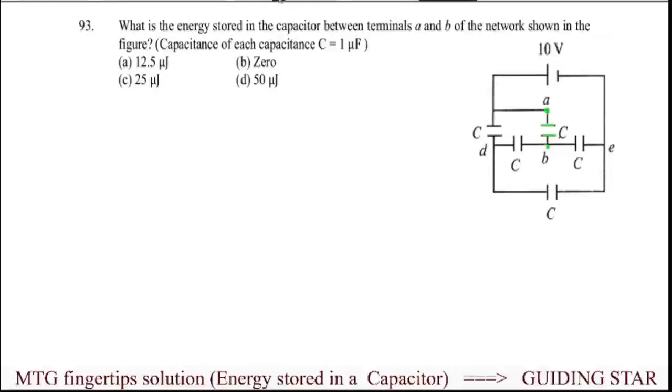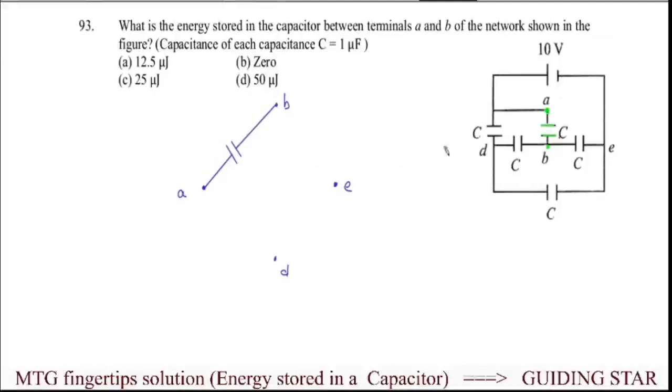So here in this particular case, if we rearrange this arrangement which is given over here, let the terminals be, suppose we take the terminals over here, this is A and this is B and this is E and this is D. Clear? So here between A and B there is one capacitor.